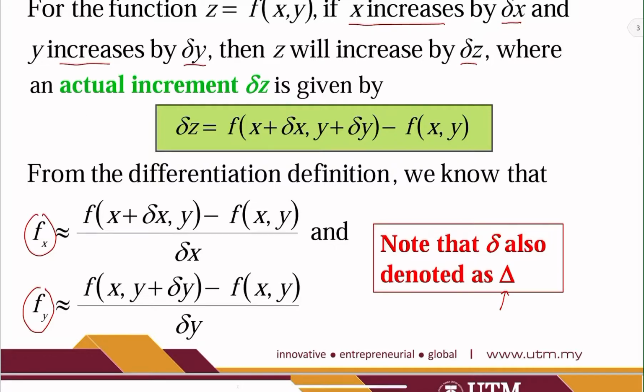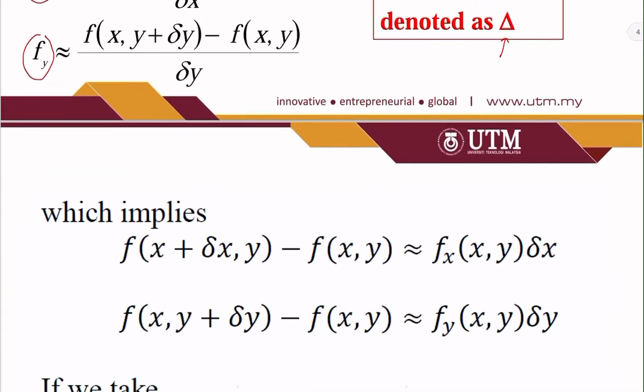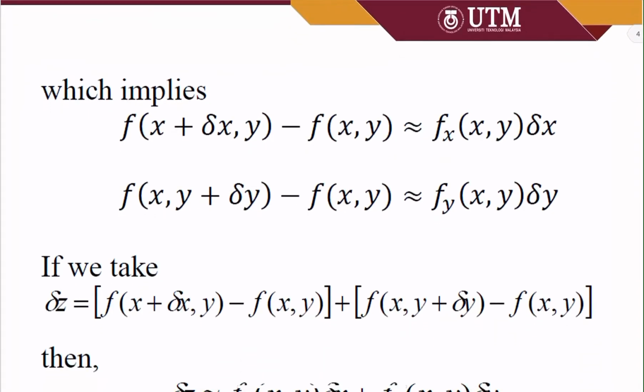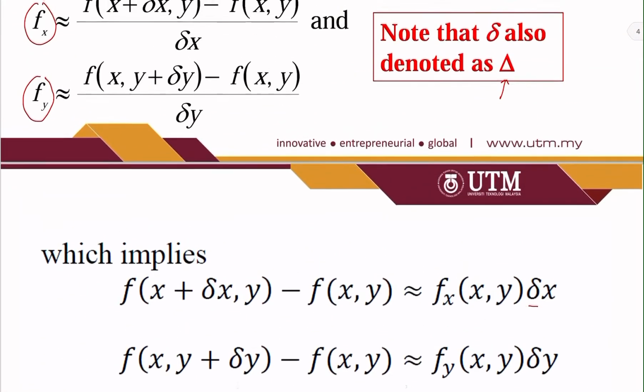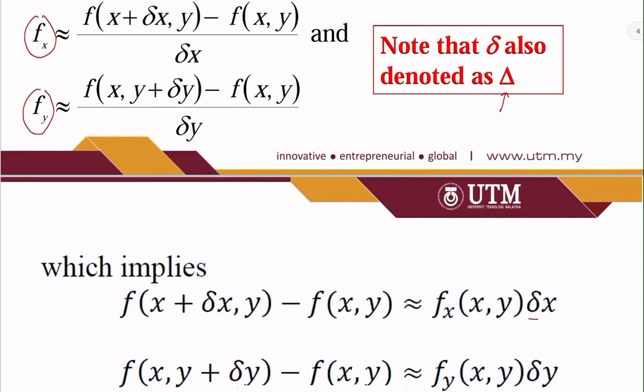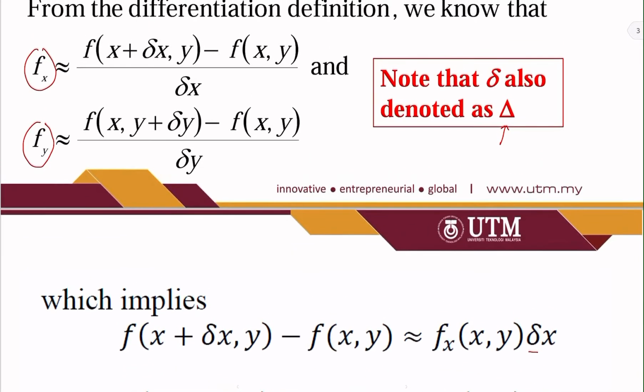Some books use the notation of triangle. Which implies that if we bring the delta x to the left hand side, it becomes this equation.